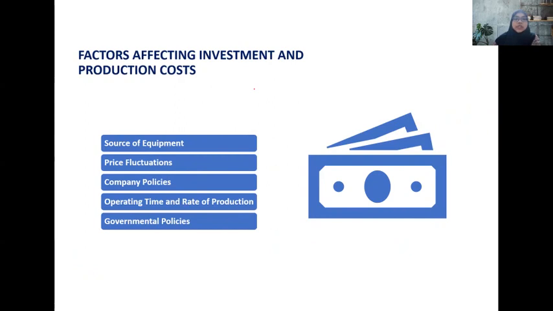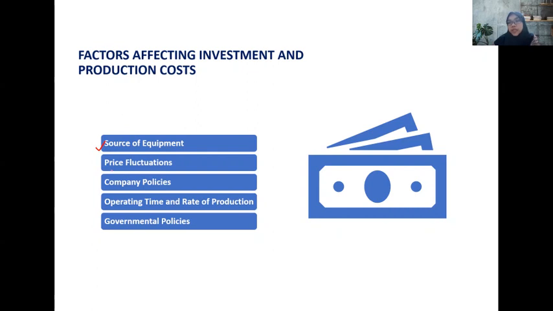As an introduction, the investment and the production cost may be affected by a few factors, such as the source of the equipment, because the price of the equipment depends on its source.